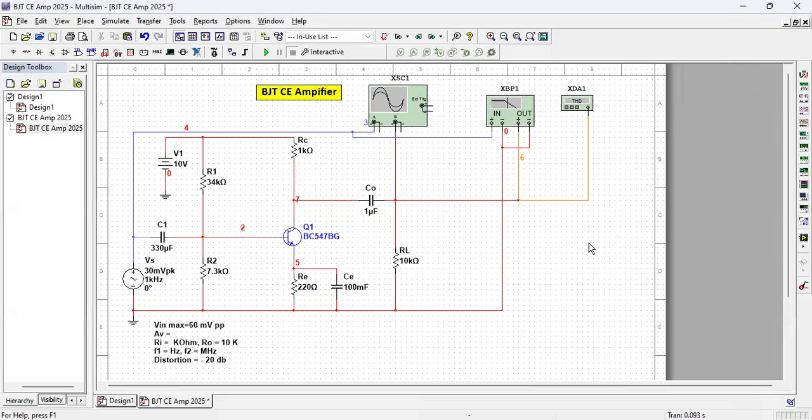Then let us measure the gain. Measuring the gain is simple. Measure the AC input and AC output. The AC input is 30 millivolt zero to peak.